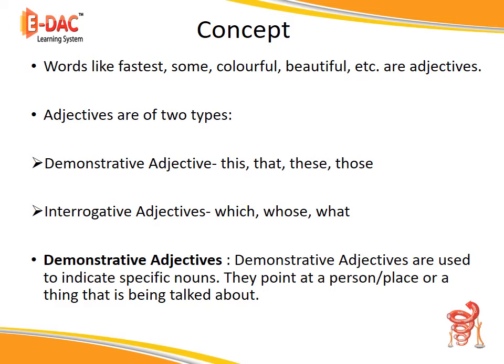are adjectives. Adjectives are of two types: demonstrative adjectives, this, that, these, those; interrogative adjectives, which, whose, what. Demonstrative adjectives are used to indicate specific nouns. They point at a person, place, or a thing that is being talked about.